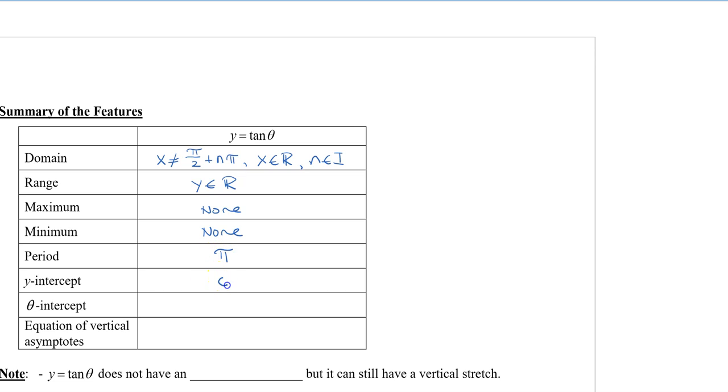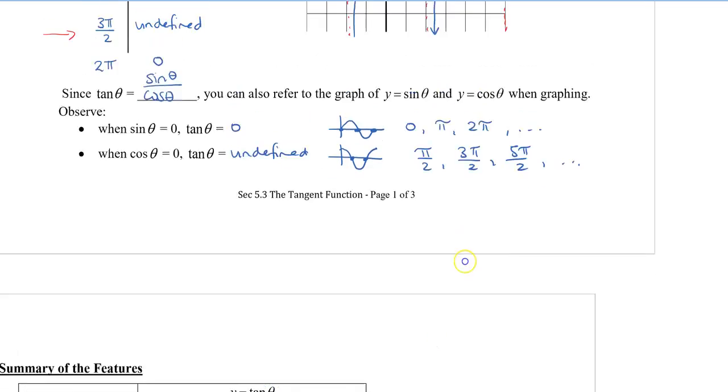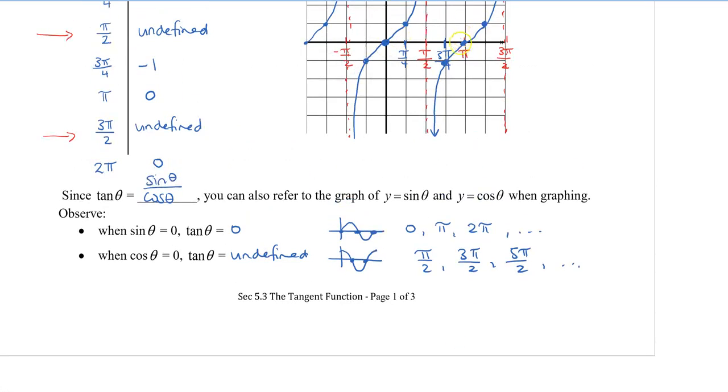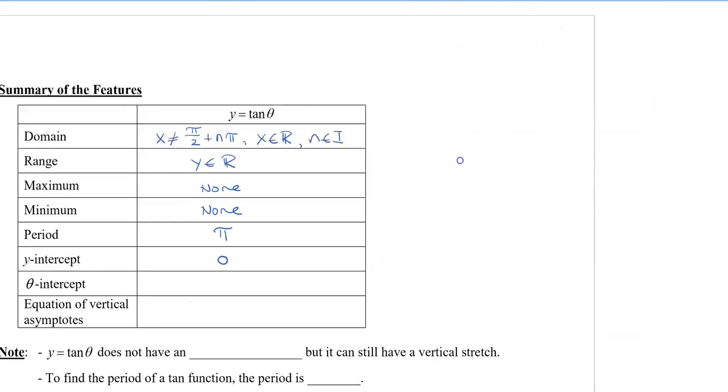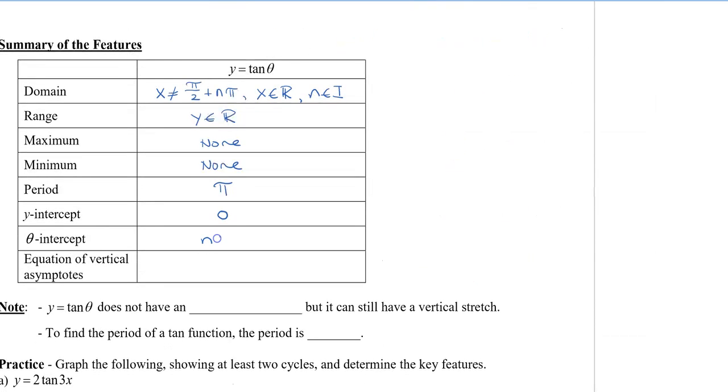The y-intercept, we have y-intercept of 0. And the theta-intercept, it intersects every time we hit 0, pi, 2 pi, and so on. So it hits every n pi. You can use x or you can actually use theta, so I've kind of interchanged them.